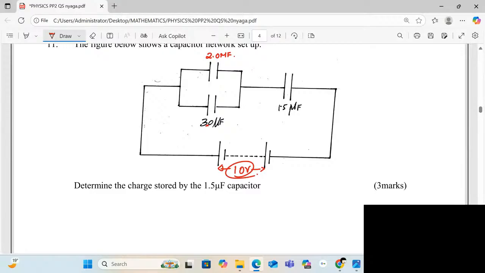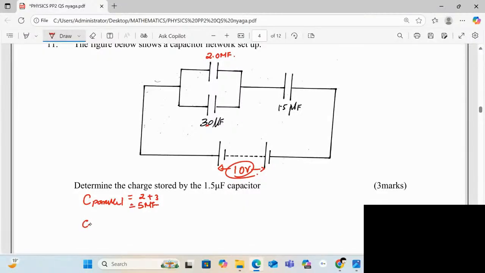Then the first step is you get the total capacitance. For the parallel part, the capacitance is given by 2 microfarad plus 3 microfarad. You arrive at 5 microfarad.